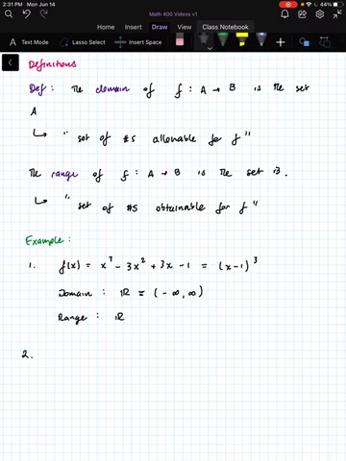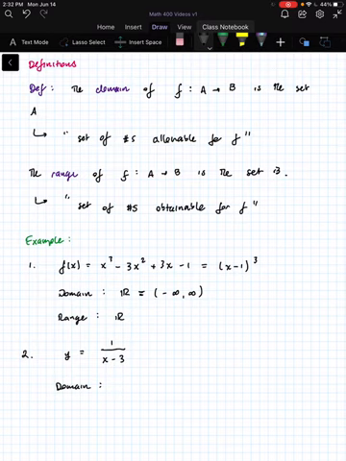On the other hand, let's consider the function y equals 1 over x minus 3. This is a rational function. And so the domain here is, if we want to make sure that everything that we can plug in here will not result in some non-allowable operation, here we have division by some polynomial expression, which means we cannot allow x minus 3 to be equal to 0.